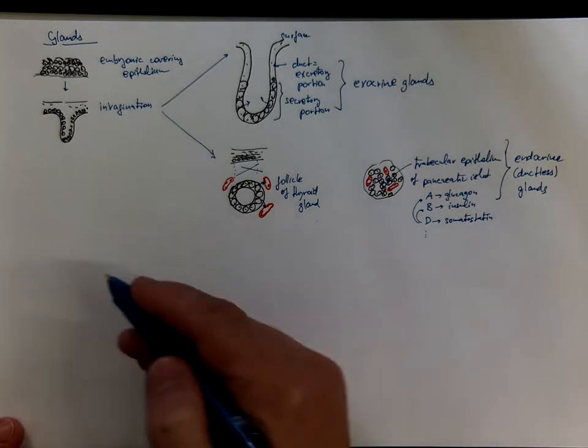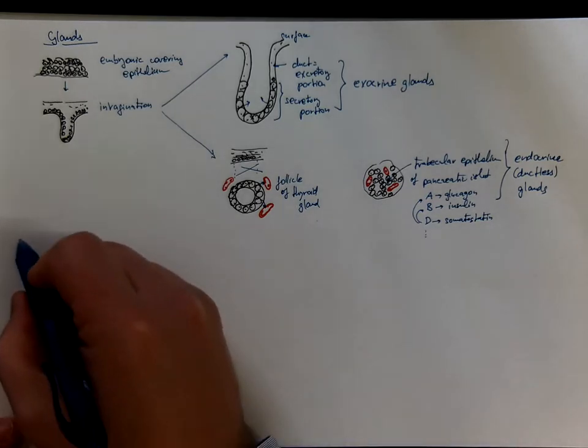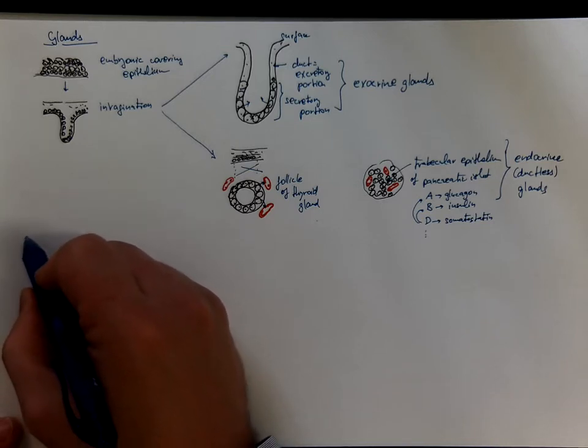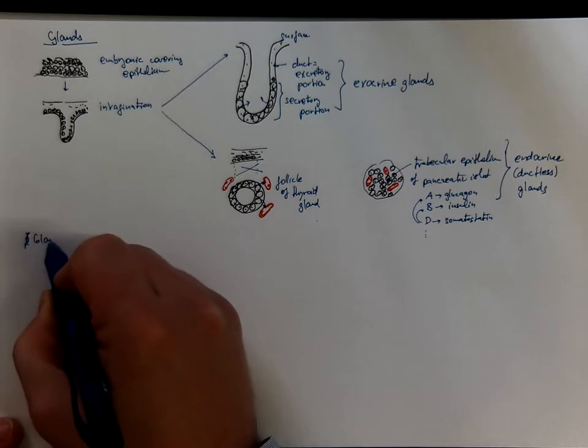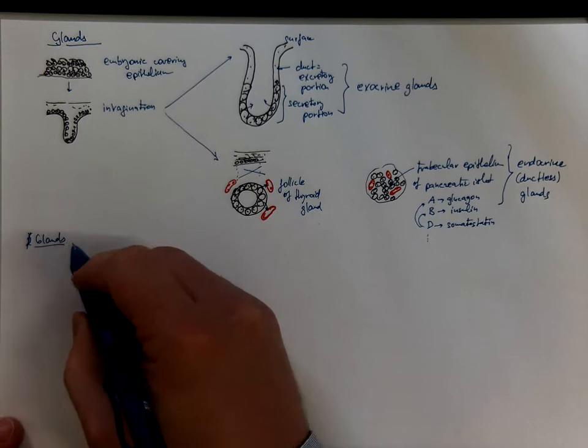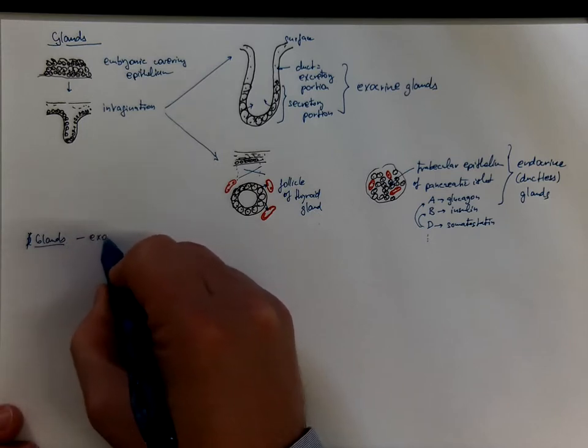There are more systems of classifying the glands, and more words and terms whose meaning we should be familiar with. So the glands could be classified, for example, as exocrine.